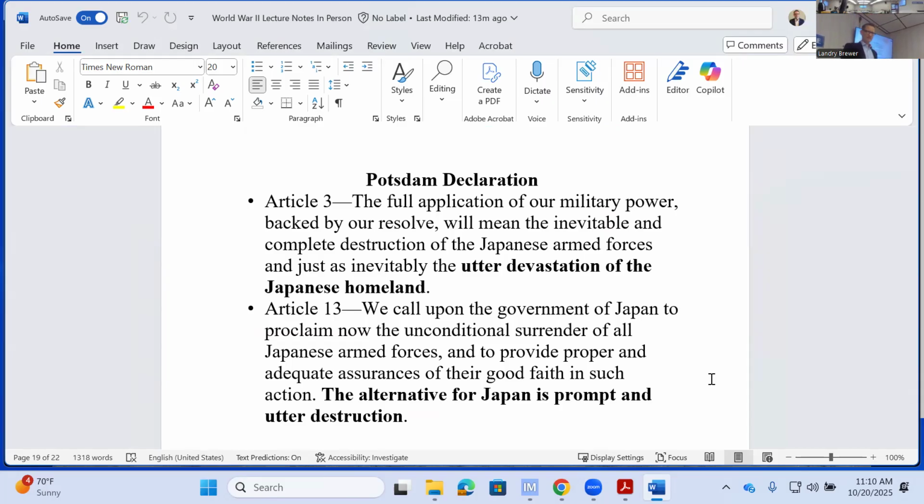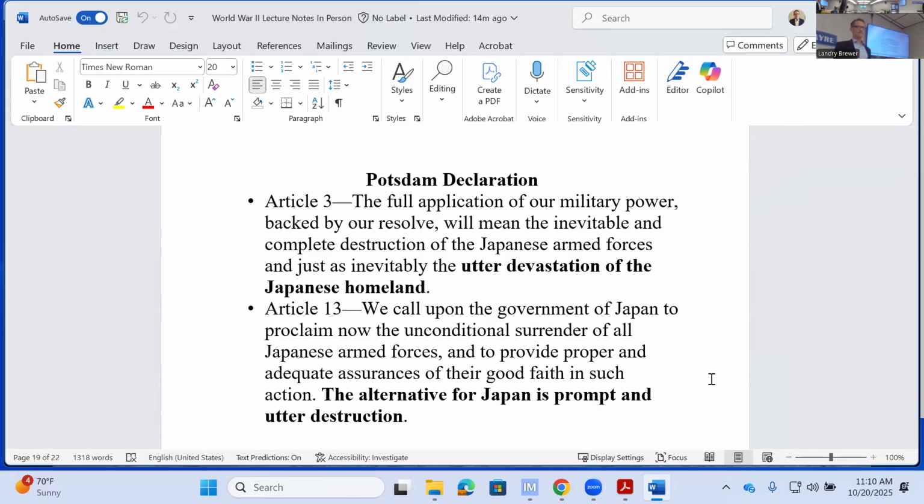The Potsdam Declaration promised utter devastation of the Japanese homeland if Japan did not surrender. Article 13, the final article of the Potsdam Declaration issued in late July 1945 to the Japanese, called on the government of Japan to unconditionally surrender.